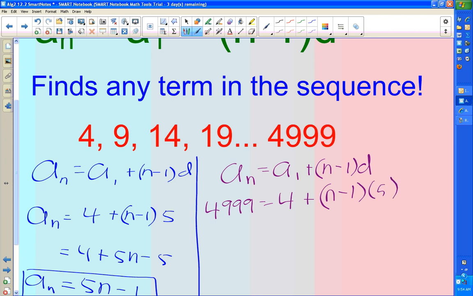Now, there's a couple of options you have on what to do in solving this. I usually subtract the 4, so 4,995 equals n minus 1 times 5, and I typically divide by the 5. There's a lot of people who will distribute, which is perfectly acceptable. I usually just divide both sides by 5.